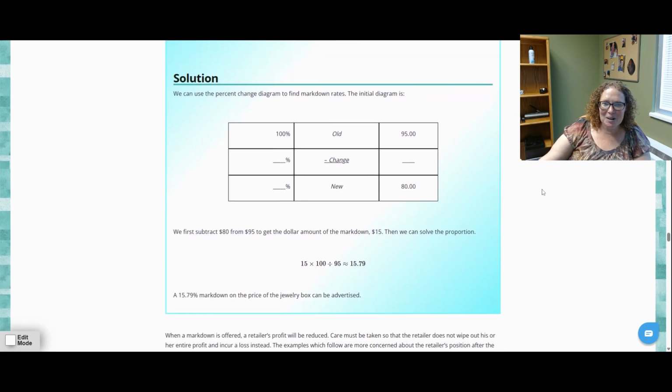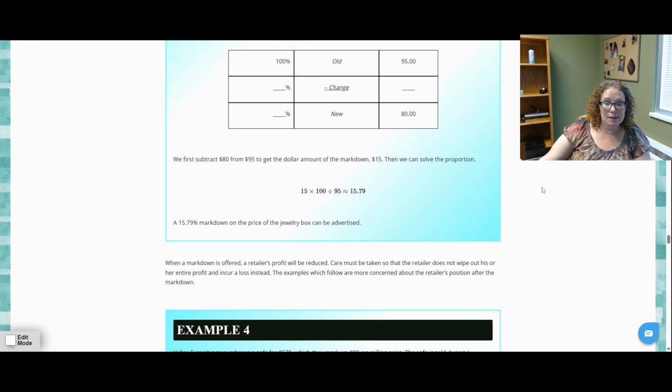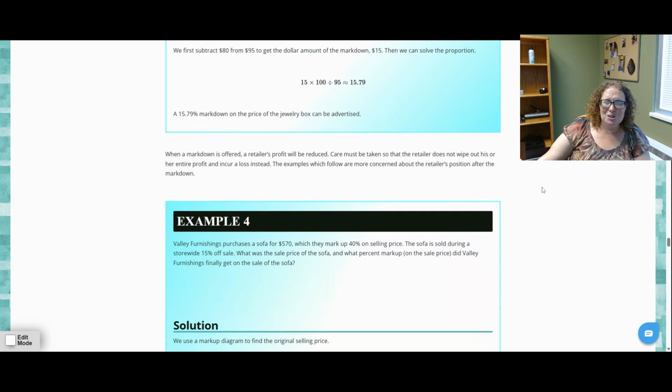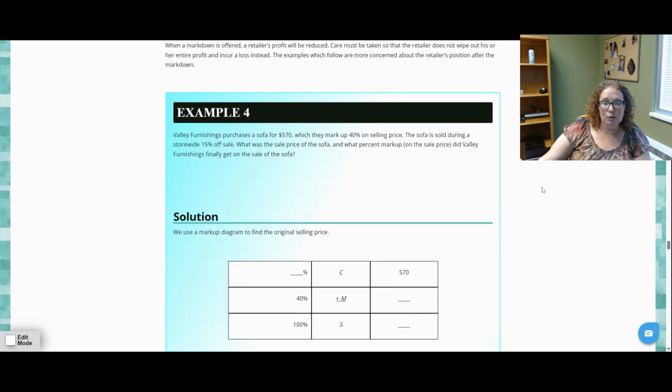So we use the diagram again, and we find that a 15.79% markdown on the price can be advertised. Of course, like I said, we probably wouldn't want to say that. We probably would want to say approximately 15%, or go with the $15. But it just all depends on what the retailer would like to do, without lying to the customer, being honest with the customer, of course.